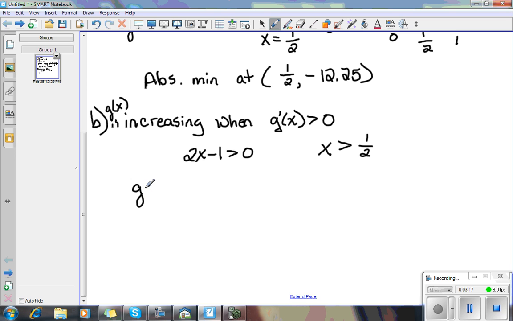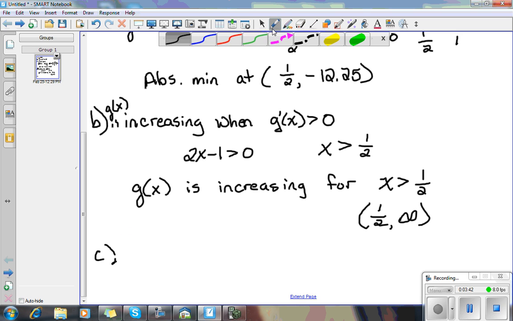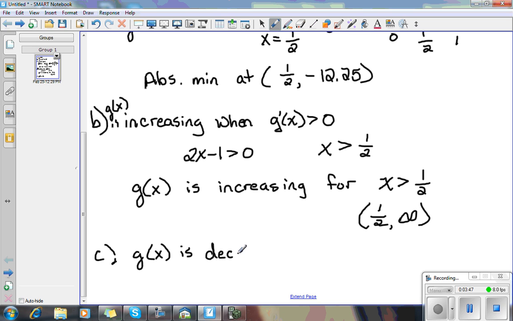So g of x is increasing for x greater than 1/2, or we could put that in interval notation and say this. And for part C, we have g of x is decreasing when g prime of x is less than 0.